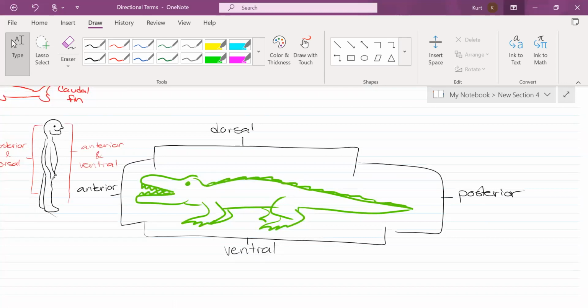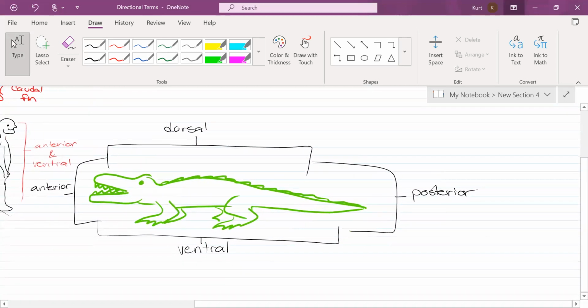But I have a wild card for you. After you're done with this, I'll draw one more. See if you might be able to figure it out. So for a quadruped, dorsal and posterior are not the same. Anterior and ventral are not the same, but for a biped, they are. So here's the wild card.